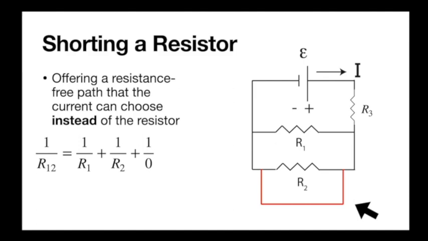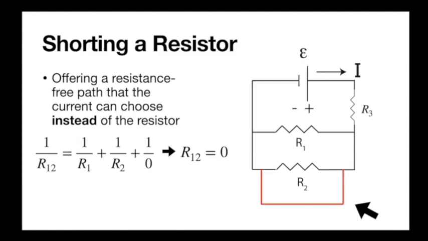But if we push this a little further, I know our calculators and math teachers don't like it when we write 1 over 0. But really what it means is infinity. 1 divided by 0 is infinitely huge. And as a result, to satisfy this equation, R12 also has to be equal to 0. So the equivalent resistance of these three branches in parallel, one of them without a resistor, is 0.